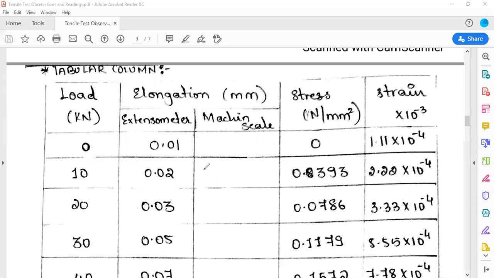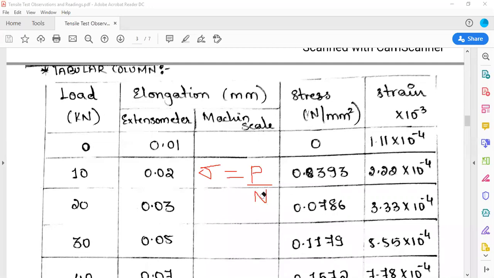You know the formula. Stress is equal to load divided by area. Load is denoted by P, divided by, sorry, cross sectional area.